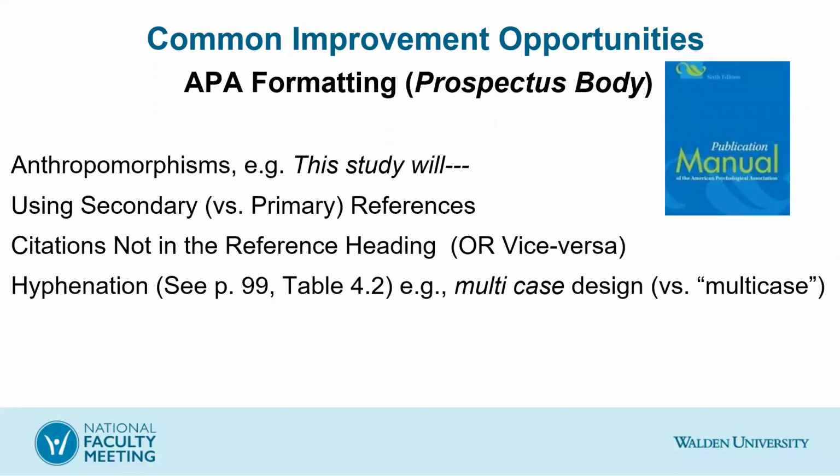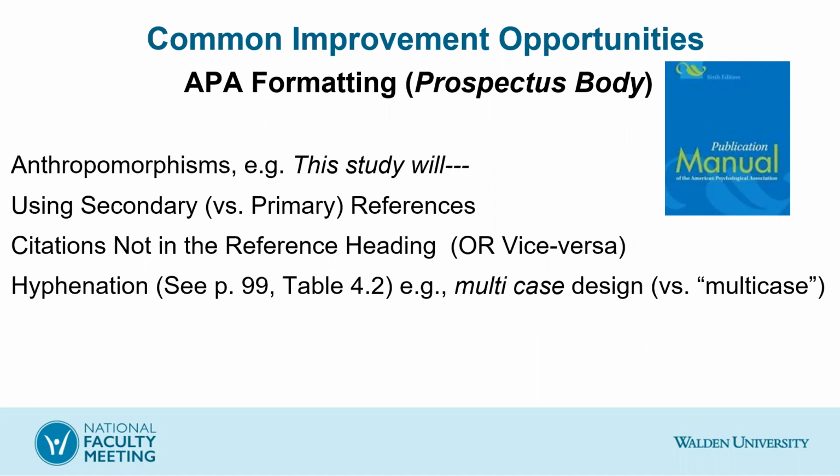Anthropomorphism essentially is assigning human characteristics to inanimate objects. For example, the study is inanimate, and "the study will" implies that this study has human characteristics, that it can do this or it will do that.